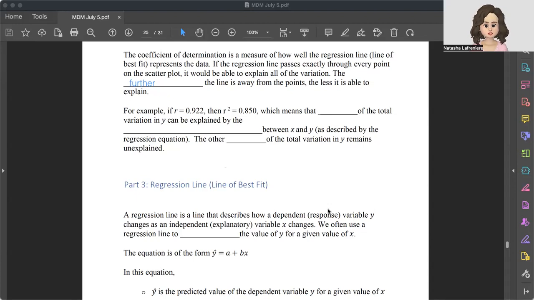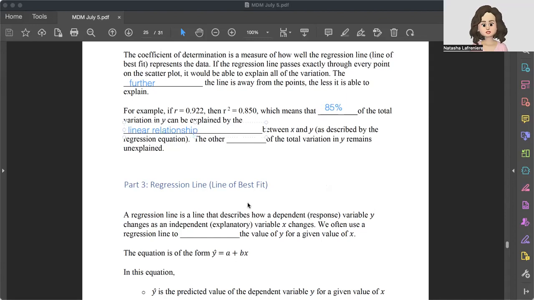For example, if R is equal to 0.922, then R squared, which is your coefficient of determination, would be 0.850, which means that 85% of the total variation in Y can be explained by the linear relationship.